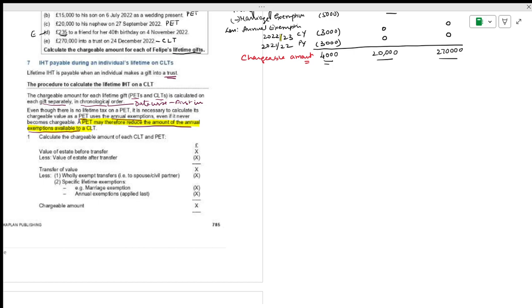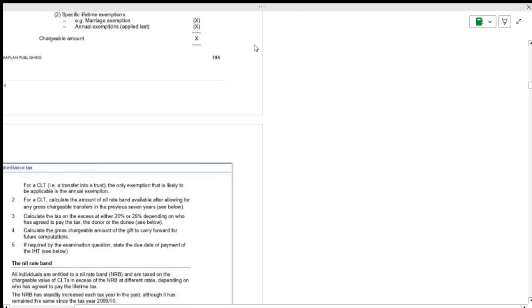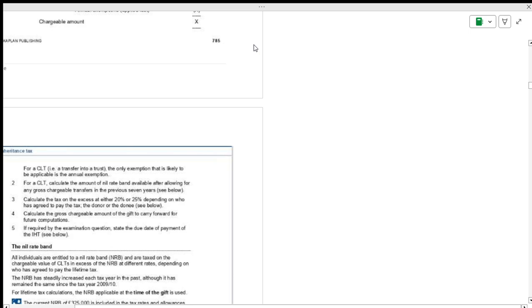Specific lifetime exemptions, for example the marriage exemption, apply if the four conditions are satisfied. Annual exemptions: how much you can take? 3,000 and 3,000. For a CLT, that is a transfer into a trust, the only exemption that is likely to be applicable is which exemption?